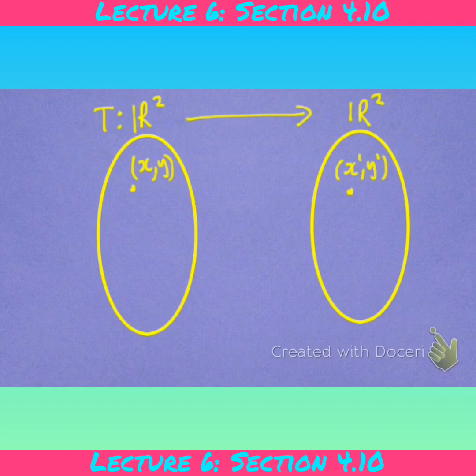Right, so what does T need to do? T needs to map that point to that point there. That is what it means to show that this function T is onto.